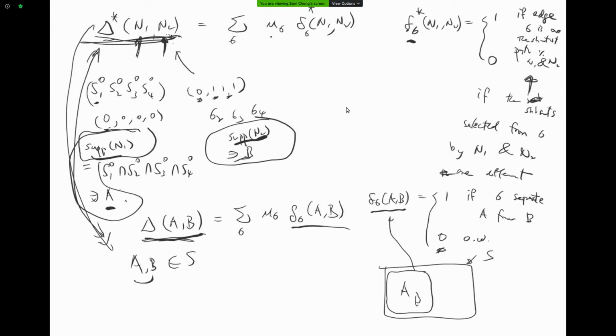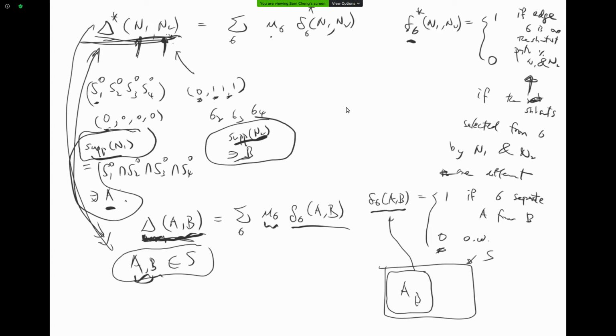Now I want to introduce the additive tree metric, but it's usually more natural to work with a set S. When we define an additive tree metric for A and B in a set, this indirectly defines the mu sigma here.